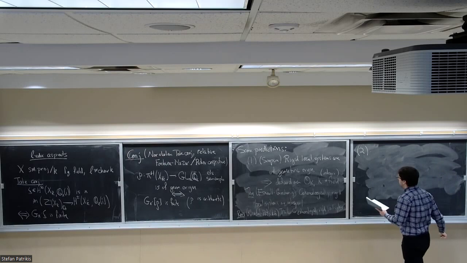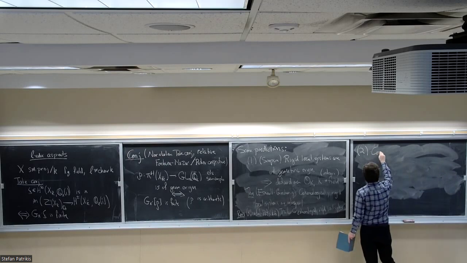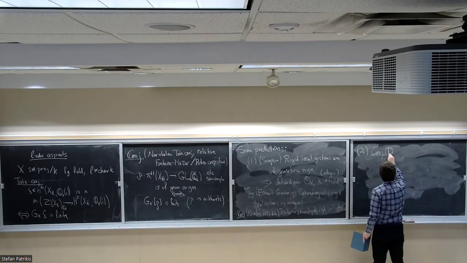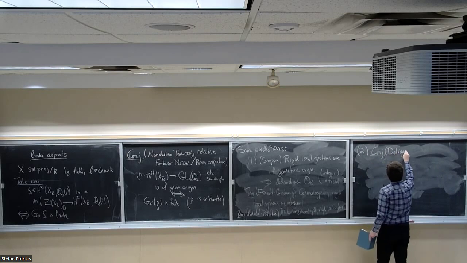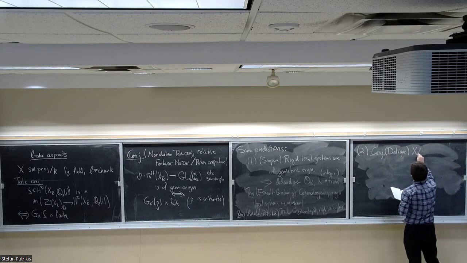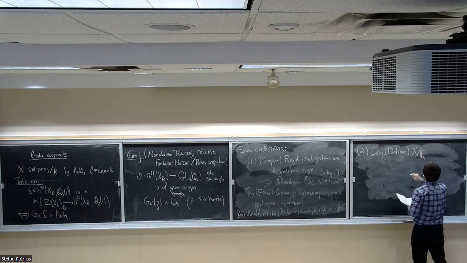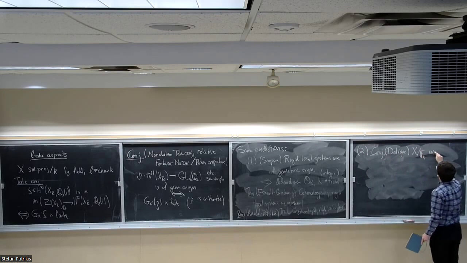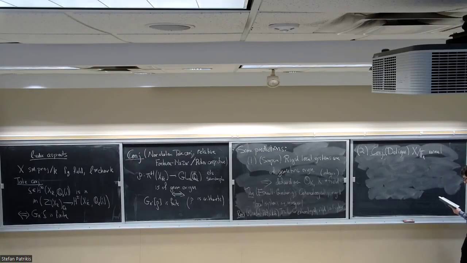Okay, so let me state a rigorous conjecture. This is a conjecture of Deligne. So I'm going to state it more or less the way he stated it. So suppose that X over Fq, Fq a finite field, is a normal variety. So L is not equal to the characteristic of Fq.